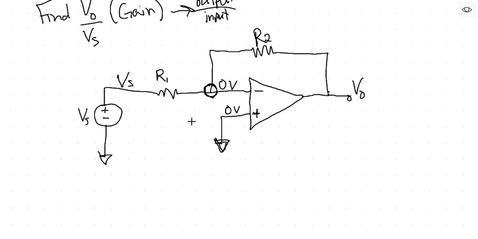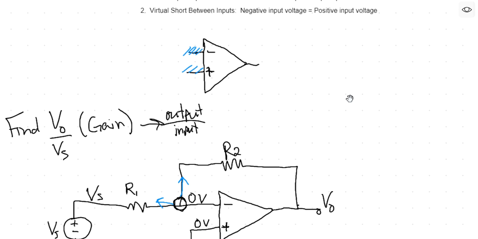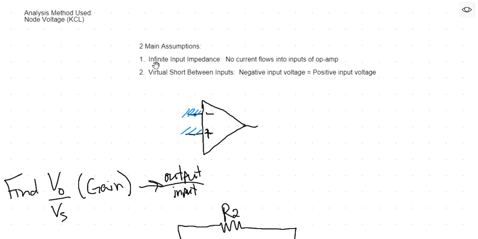Cool. Once I do that, I'm going to grab my blue for my currents, and I'm going to assume current is leaving that junction. Now, am I going to draw current going into the op amp? The answer is no, because of my number 1 assumption here.